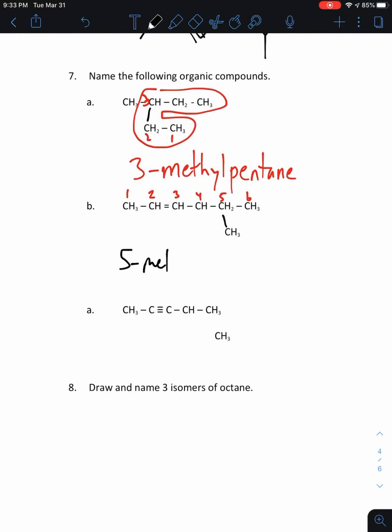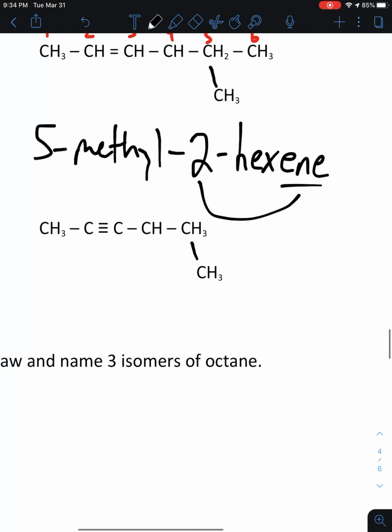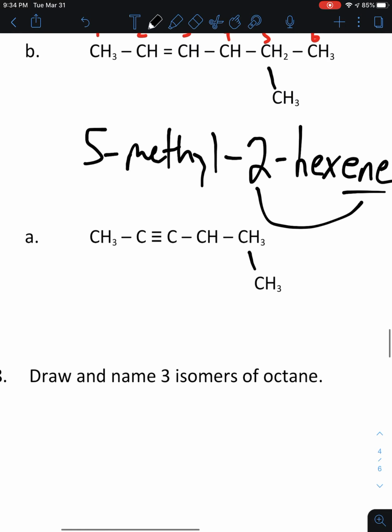It's a 5-methyl branch. And on our second carbon, we have our double bond. And since we have 6 carbons, normally this would be hexane, but it's a hexene because of the double bond. Okay, just going to add that one there.